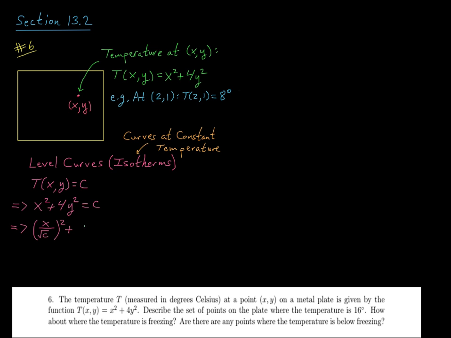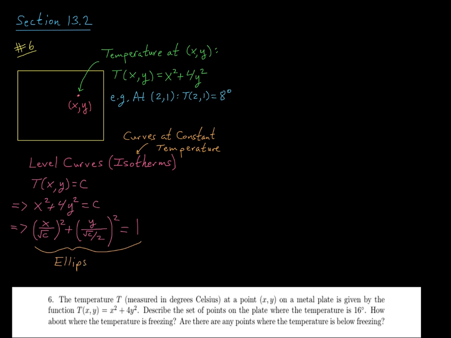The reason for doing this is that this is in fact the equation of an ellipse. Notice if I put just the y on top, the 4 is going to have to come down as a quarter, and then because of the square, it's actually going to become a 2 inside that expression. And this is equal to just 1. So this is the equation of an ellipse.